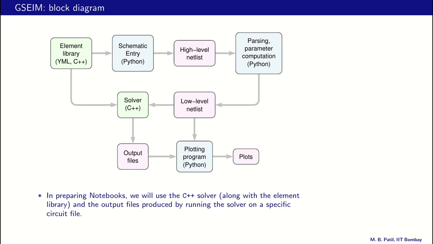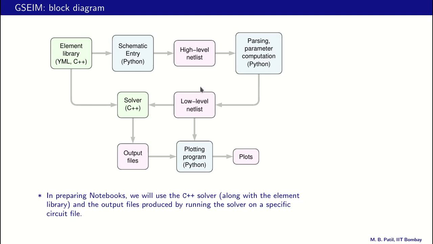Once we have the output files, those have all the data that we want, and we will use that data to compute, let's say, average values, RMS values, and so on. And the netlist or the circuit file that is shown here as low-level netlist is something that we're going to prepare manually using a text editor.